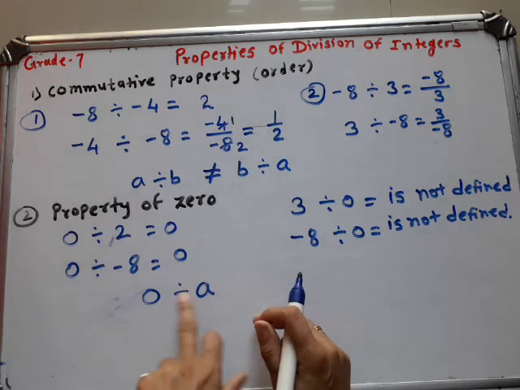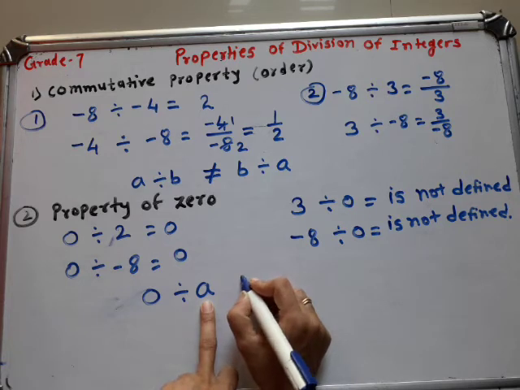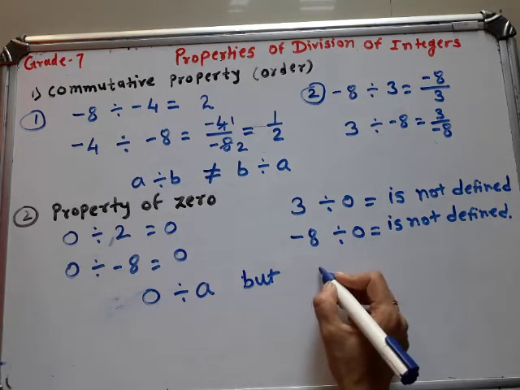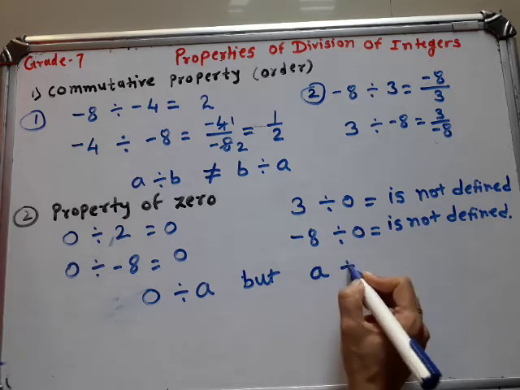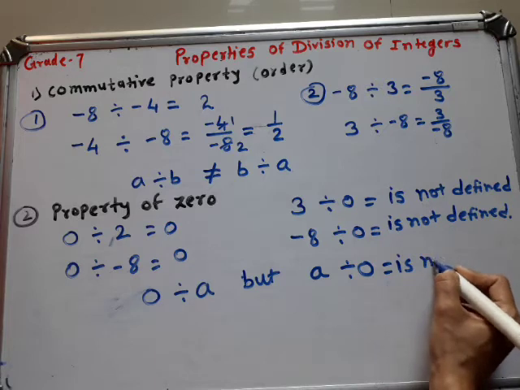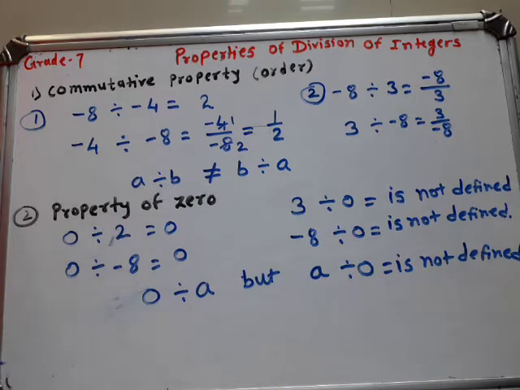We divide 0 by an integer, but we cannot divide an integer by 0; it is not defined, or it is not possible. This is your second property.